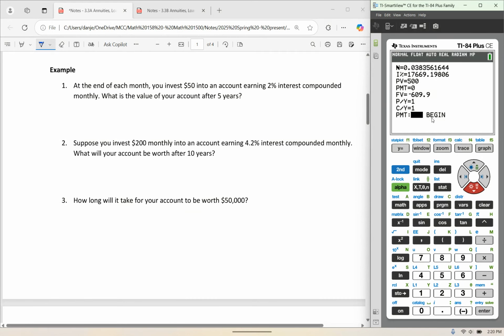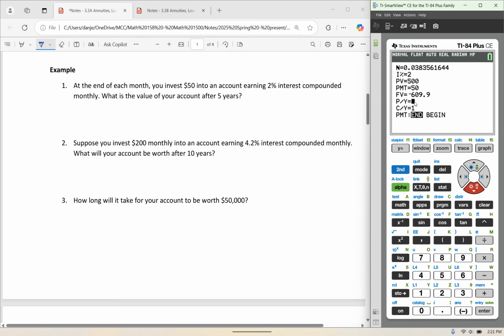So at the end of each month, we're going to invest $50. Our payment now is $50. We're going to put that into an account earning 2% interest compounded monthly. In my previous video, I mentioned that P/Y is payments per year, where C/Y is compoundings per year.